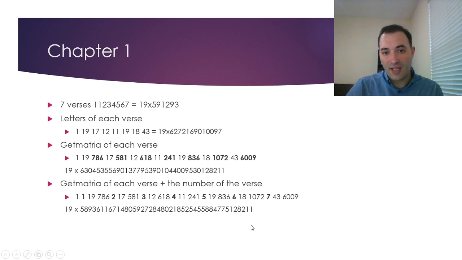This number can be divided perfectly by 19, and the result is this. No decimals. You can do it. If you change this to this or this to this, you cannot find a perfect number. If you put 1 to 2 and 2 to 1, you will not find a perfect number. Never. I calculated one by one. Impossible. Only this sequence of numbers can be divided perfectly by 19.